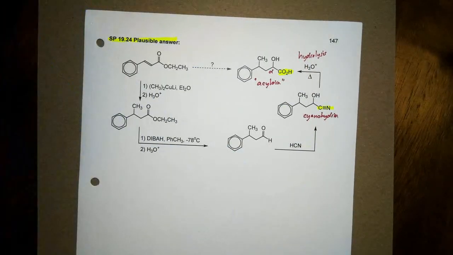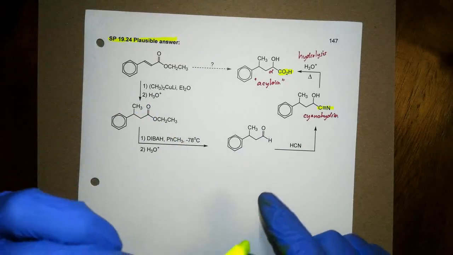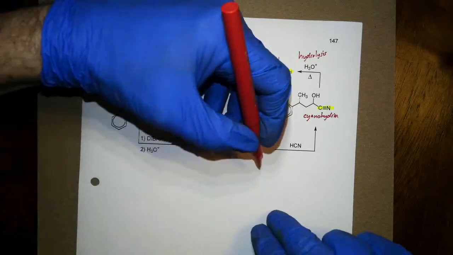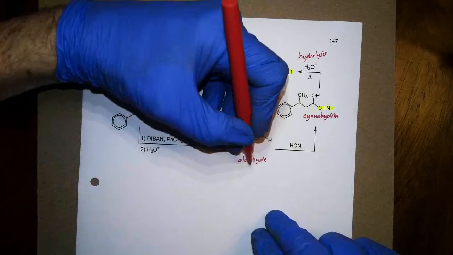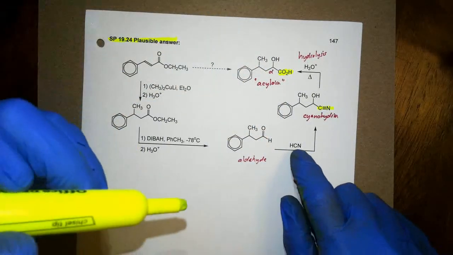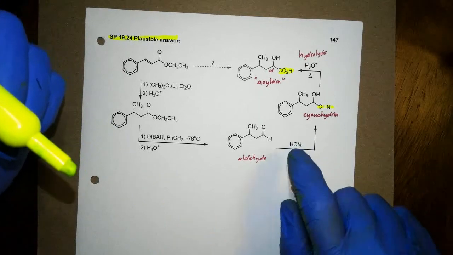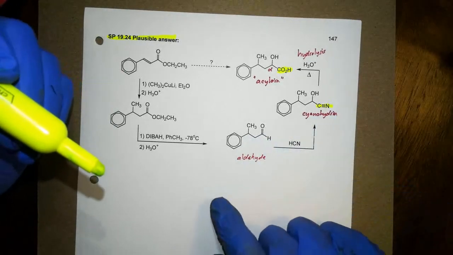Well, how do we make cyanohydrins? Well, the dominant way to do that would be to take what? An aldehyde. So this is our aldehyde. Treat it with hydrocyanic acid, or sometimes we call that hydrogen cyanide. This is A plus B. Okay, and that gives us this intermediate cyanohydrin.